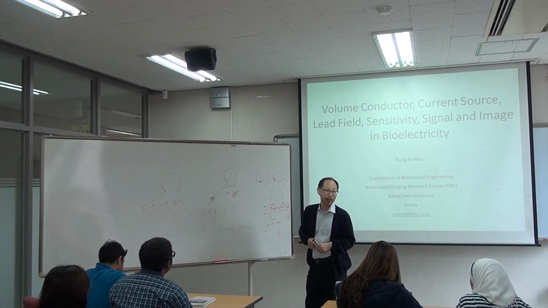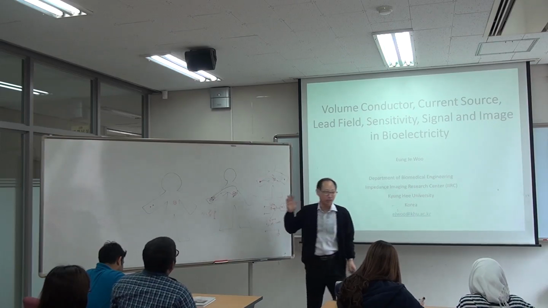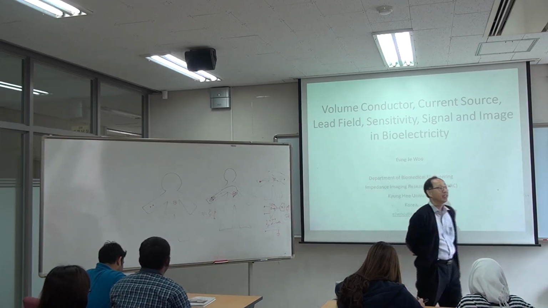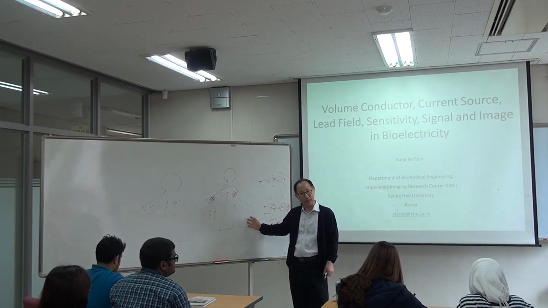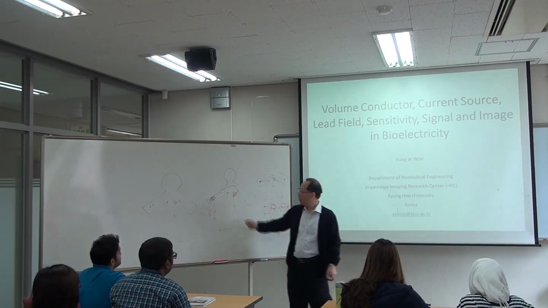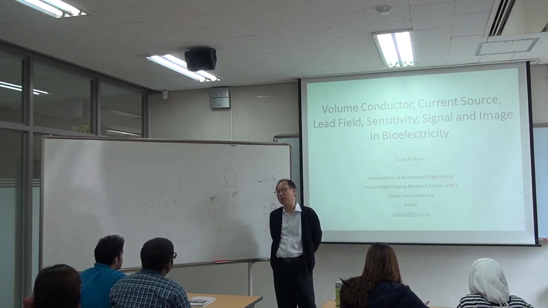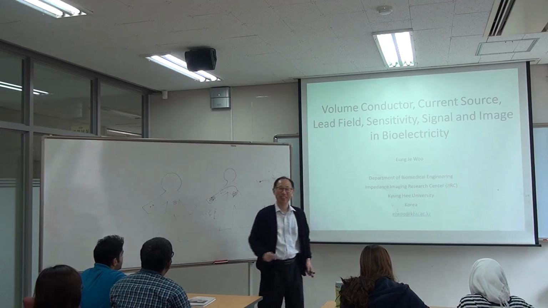Okay? So we have a signal. In this case, you have an ECG signal. But in this case, you don't have an ECG signal because you cannot see the heart using this pair of electrodes. So what's going to be happening in this case?